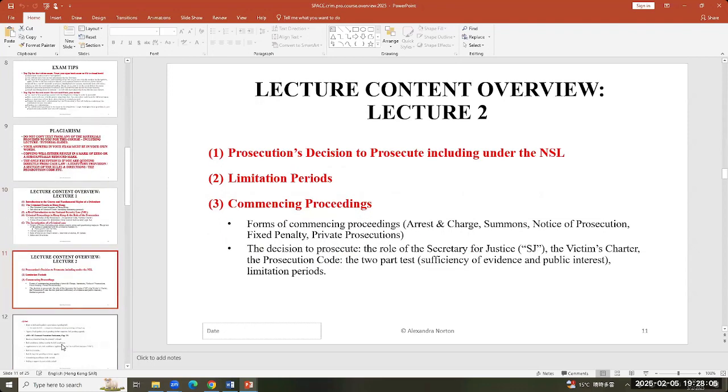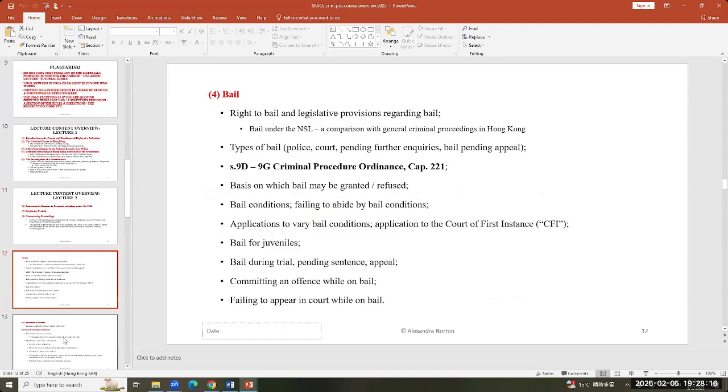Tomorrow's lecture, we're going to talk about how the decision is made to prosecute, what the limitation periods are, and the various different ways that proceedings can be commenced. But a big part of tomorrow's lecture is going to be focusing on the bail rules and the different procedures. We'll talk about the different conditions that can be imposed on bail.